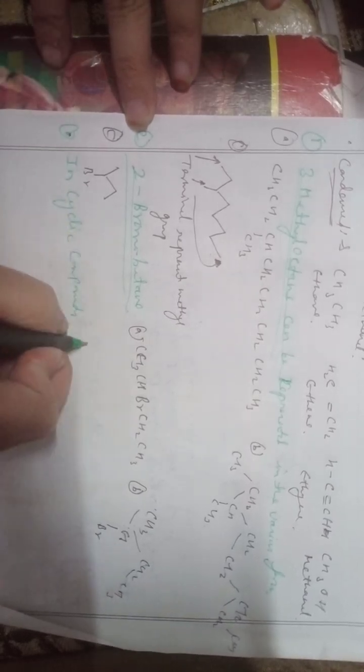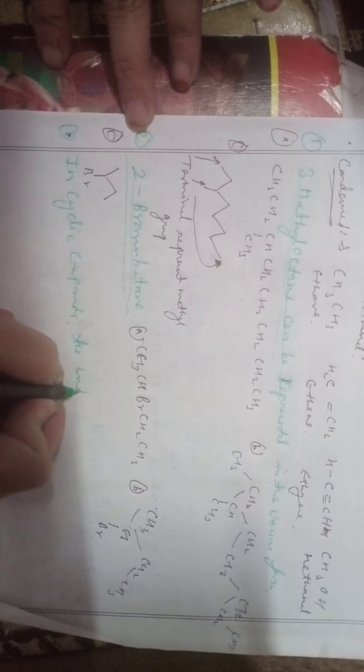Here in cyclic compounds, the bond line formulas are given as follows. First we represent cyclopropane, which is CH2 bonded with CH2, bonded with CH2.